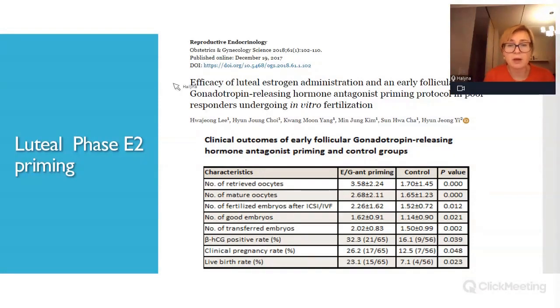You can see that the number of follicles which we receive in this case is higher. The maturation rate is higher. The clinical pregnancy rate is mostly twice as high, as well as the birth rate. So it may sometimes be a good method to receive more follicles and more eggs in patients with poor ovarian reserve.